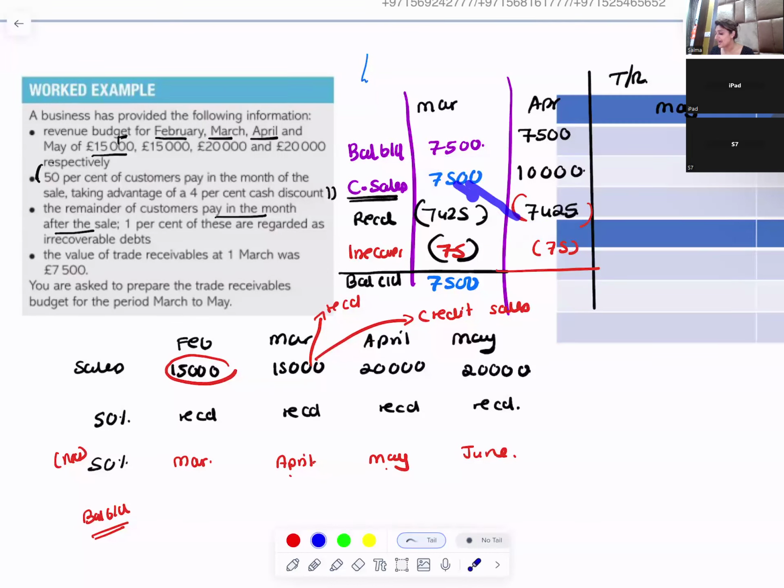Once they pay us, the irrecoverable debts are wiped off. So the balance closed down is 10,000.